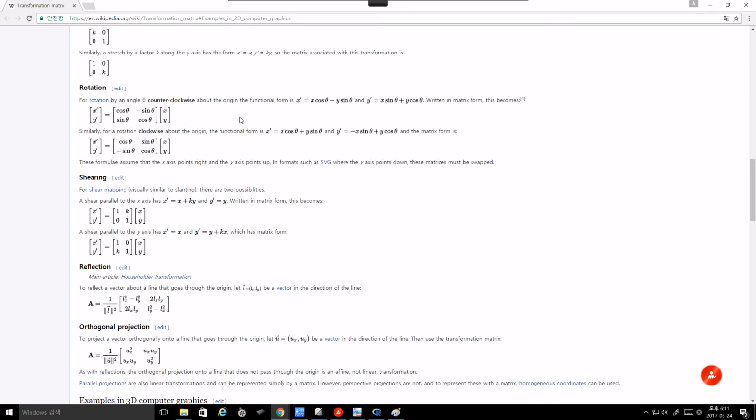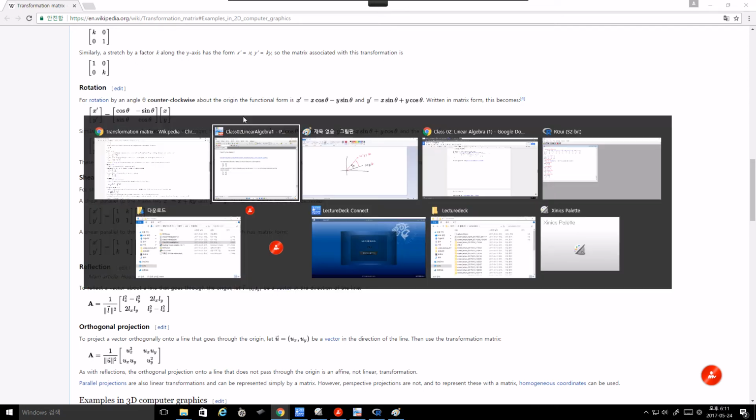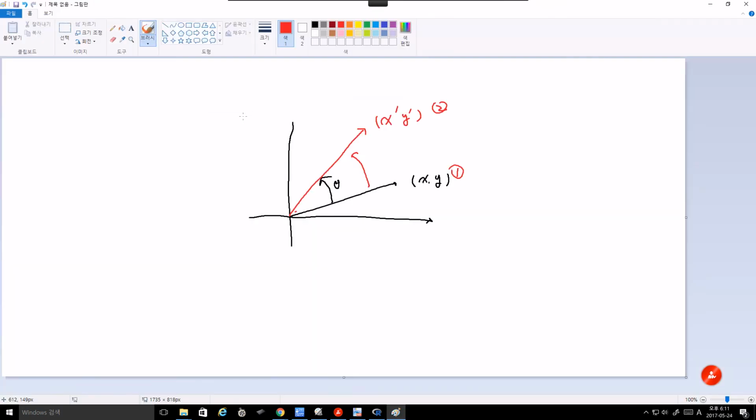In fact, it is not so difficult to prove. Let me show you. For simplicity, first let me think about a very easy one. Suppose this point is (1, 0), and let's rotate it by theta. Then what should be the point?